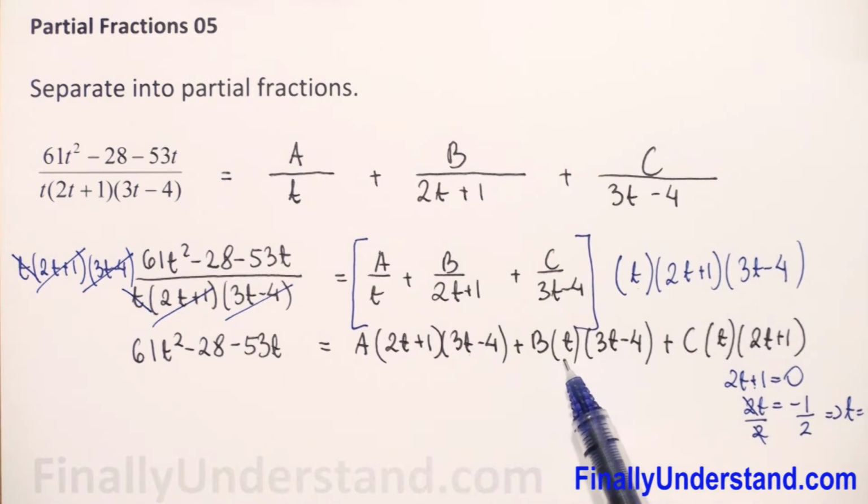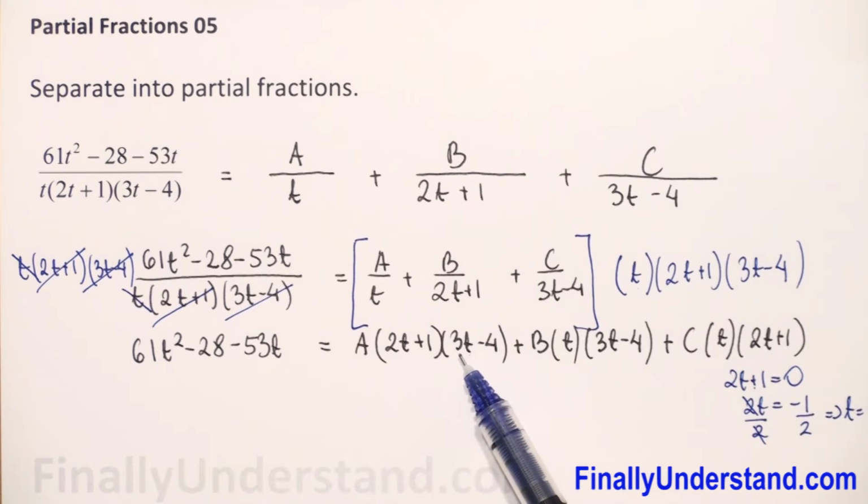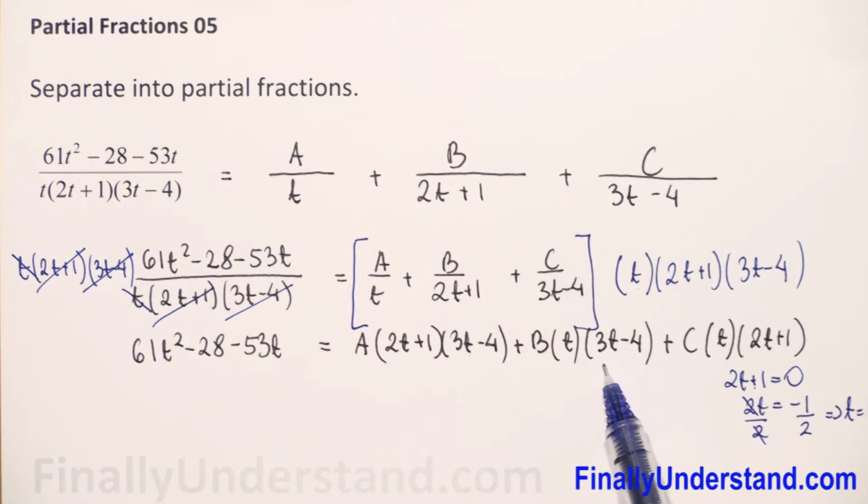So we will have only B. So it will be easy to solve. And what else? When 3t minus 4 is 0, this term and that term will reduce. And for t equals 0, the second and third will reduce. So let me write this.